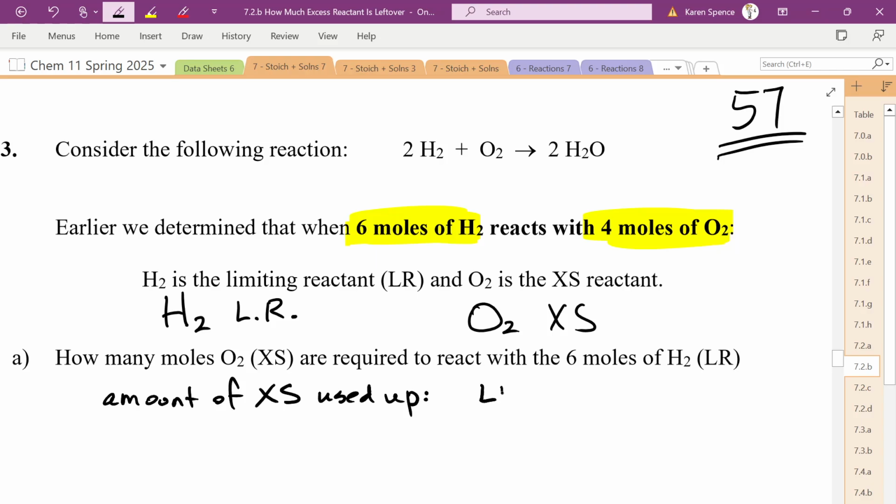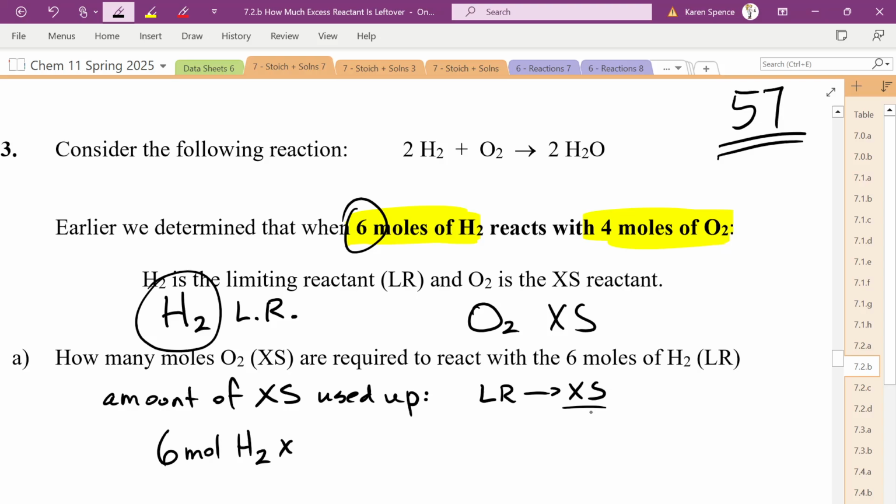So we're going to take our limiting reactant and convert it into our excess reactant. Our limiting reactant was the H2, and we had 6 moles of H2. We want to convert it into our excess reactant. How much of the O2 is getting used up with that?